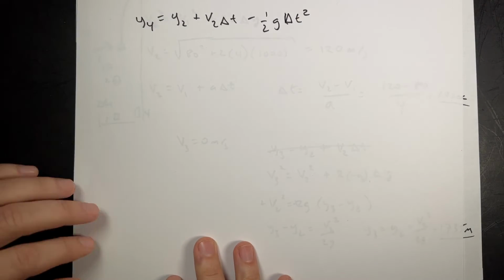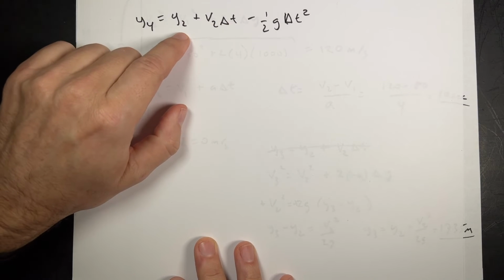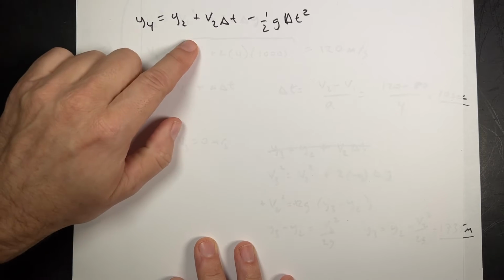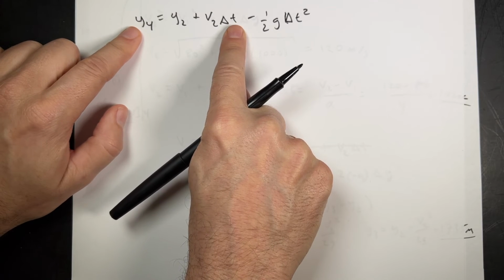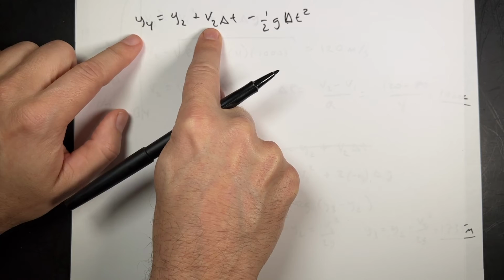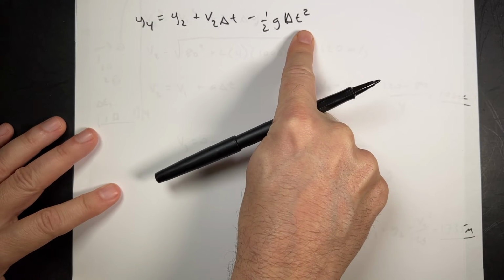So the important thing here is delta t. I can't use t because I'm not using the y at t equals 0. So I do need to use this whole delta t, which is what I want to solve for. And I can do this for any time interval from t2 to t4, right? So I'm using y2 and y4, and v2 is the initial velocity. So I want to solve this for delta t.